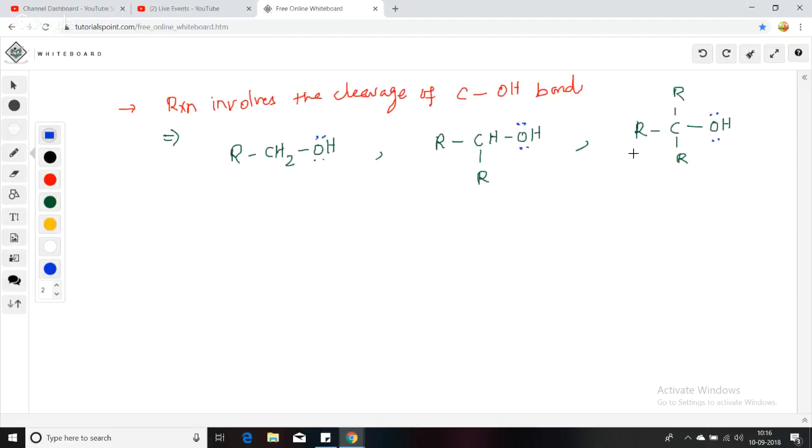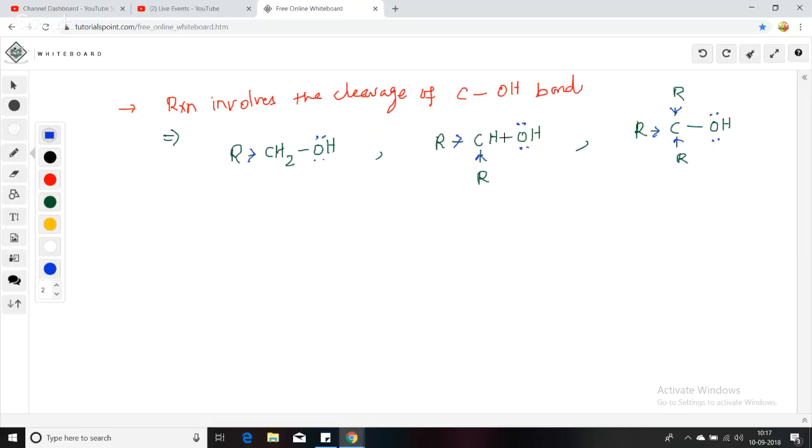Okay, so if I ask you in which case the carbon oxygen bond is easier to break. The point here is that all these alkyl groups show plus I nature, right? Plus I here, here also, and here also it is plus I. So because of this plus I nature, the electron density on this oxygen atom increases, because all these are pushing electrons into this.